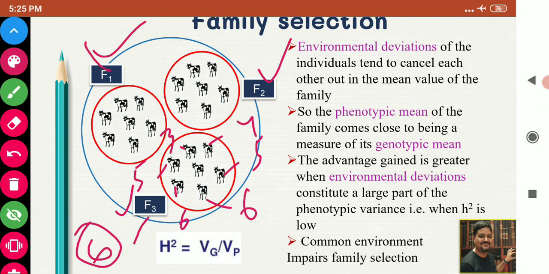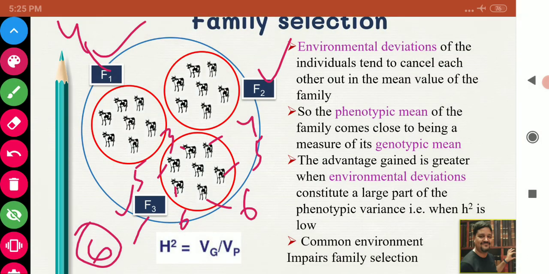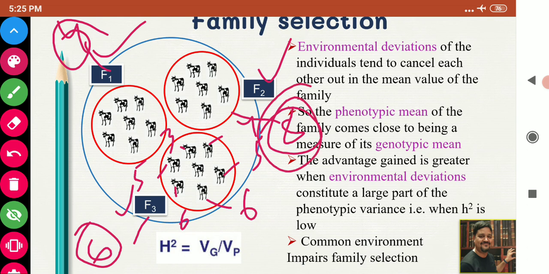Similarly for the F1 family, 4 liter. Similarly for the F2 family we got 8 liter. So the mean of F1 is 4 liter, F2 is 8 liter and F3 is 6 liter. On that basis we will select the F2 family. So this is about the family selection.